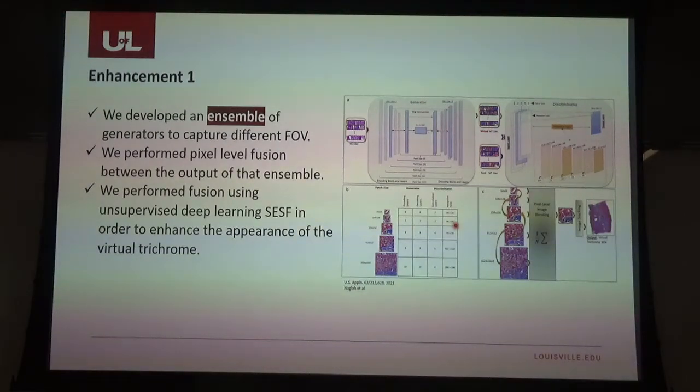We did an ensemble of conditional GANs, and we also did an ensemble for the cycle GANs. We do cloning for the cycle GAN with different sizes to map the different fields of view, and we perform this process in order to enhance the produced image.